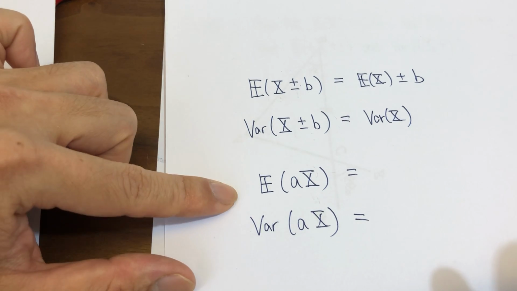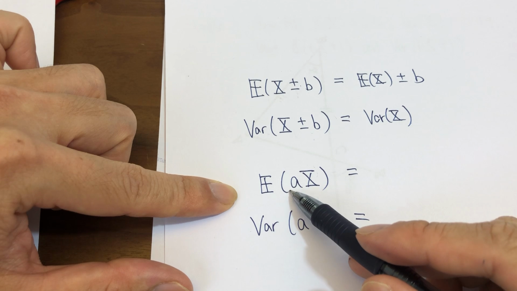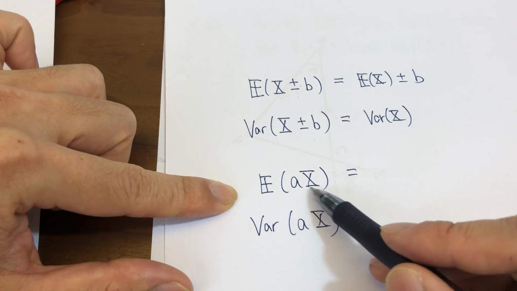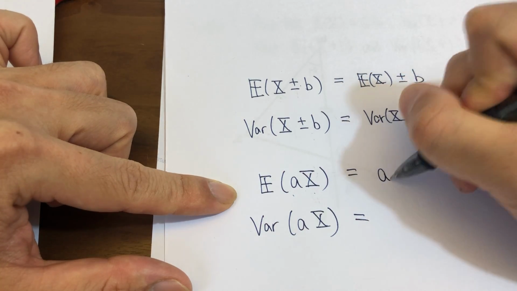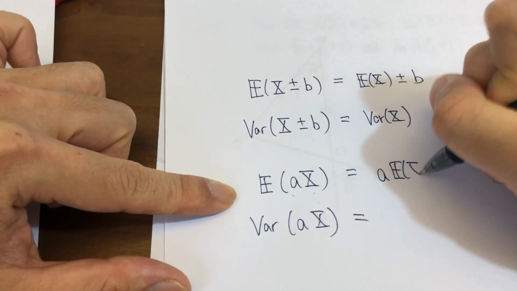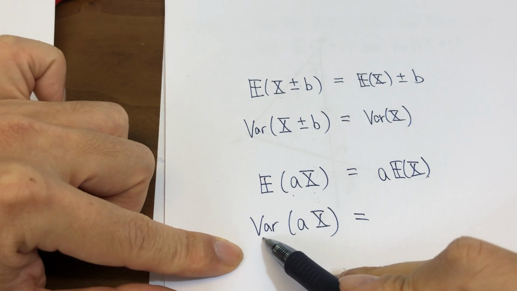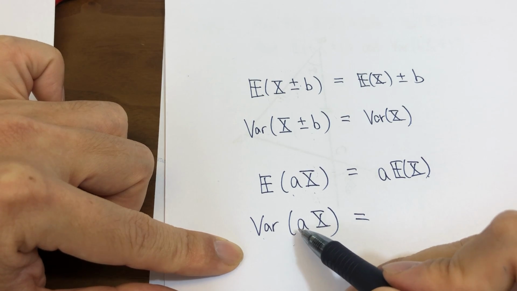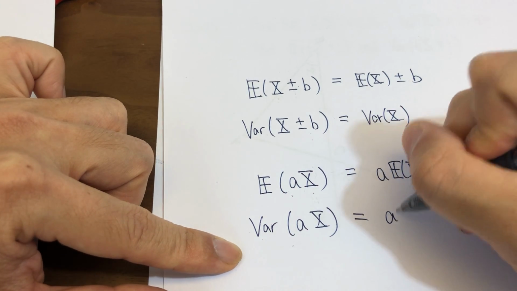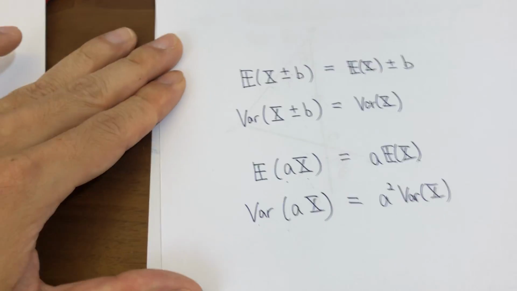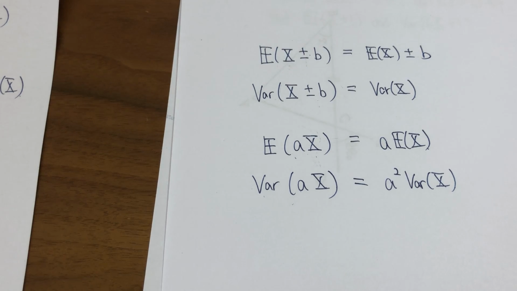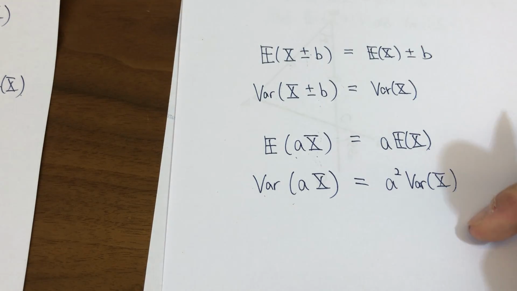And then what about a constant times random variable x? For the expected value, we simply move the a out, a times the expected value of x. And for the variance, we move the constant out, but don't forget to put a square, a squared times the variance of x. Okay, so these are the rules.